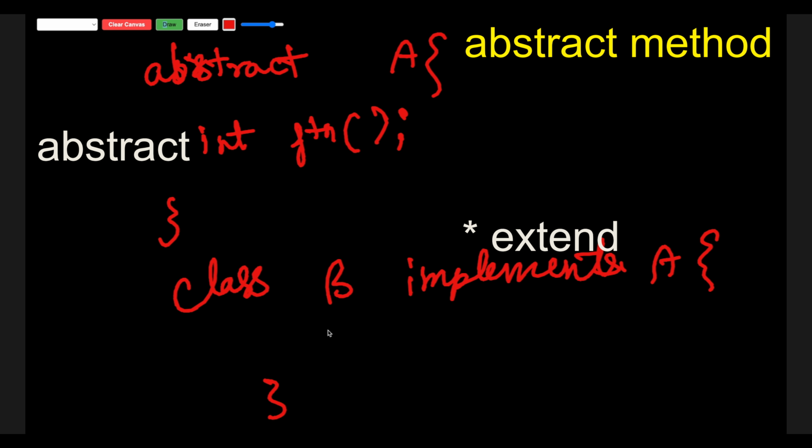So basically I have to add the body of this function. So let's say this is the body of this particular function. I have to add it. If you don't define the abstract methods, you will get a compilation error. So abstract methods help you enforce the behavior, but leave the implementation to the subclasses.